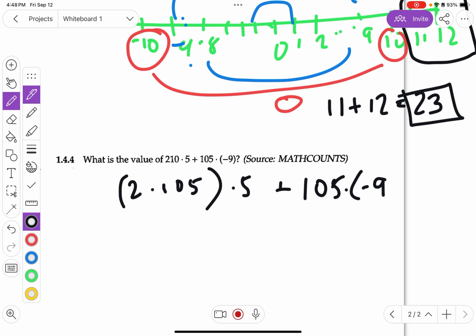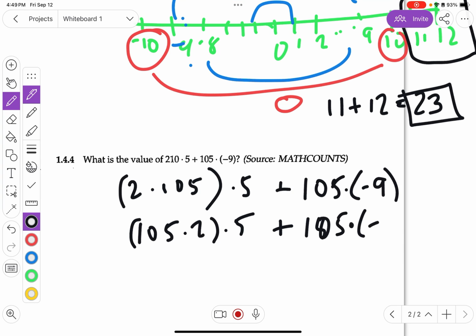If you have parentheses, you know it's also a multiplication. So we've got that. And now we just say, well, I'm going to rearrange this using the commutative property, times 5 plus 105 times -9.